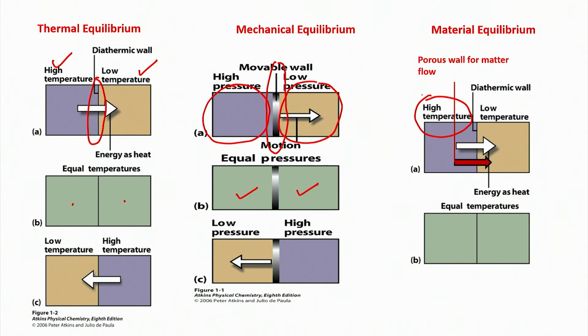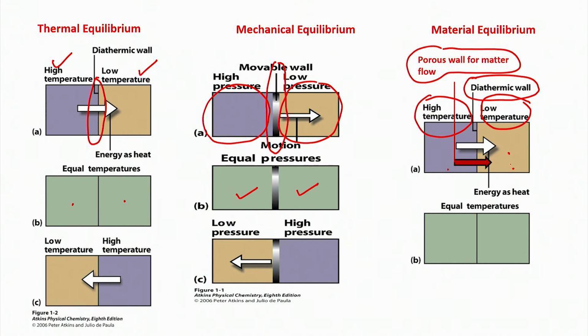So similarly, one can talk about putting two gas compartments in contact with each other, where the first one is present at a high temperature and high concentration of the gas, and another compartment which is at a low temperature and a low concentration of the gas. If now these two compartments are separated by a diathermal wall which has several pores in it for matter flow, what will happen? Matter will flow from the region of high concentration to low concentration, and heat will also flow from the region of high temperature to low temperature.